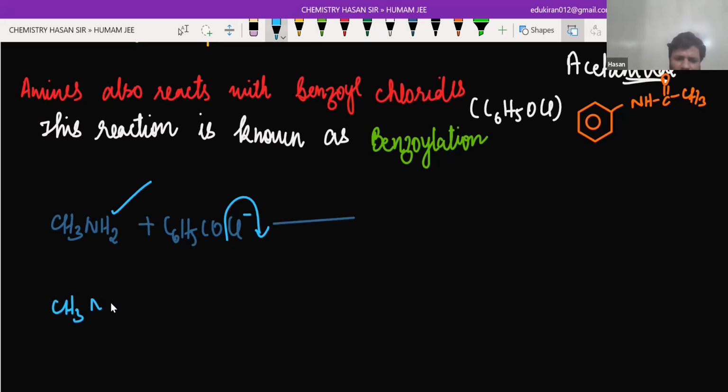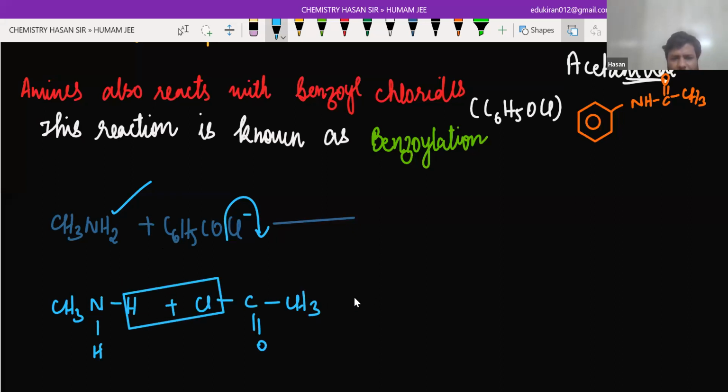The first reaction that we did for acylation is the same as this. And you can remove this HCl and add this together, so it becomes CH3NH, because the nitrogen still has one hydrogen, COC6H5. So this is what you will get, and it will have a name, N-methyl. Just wait a minute.